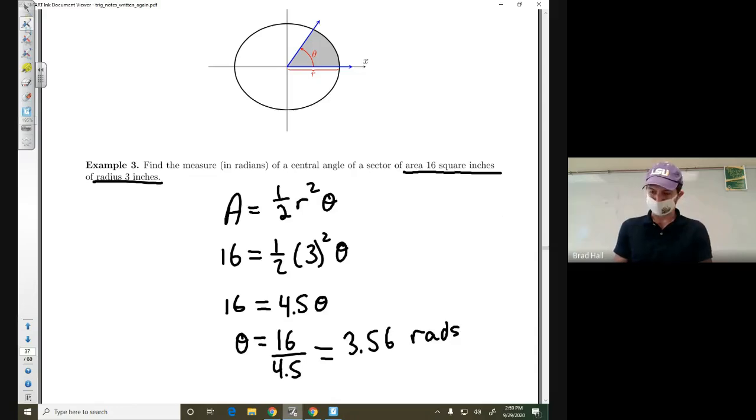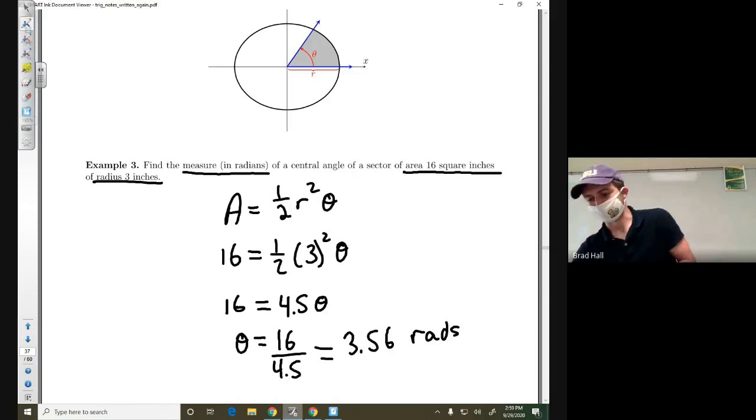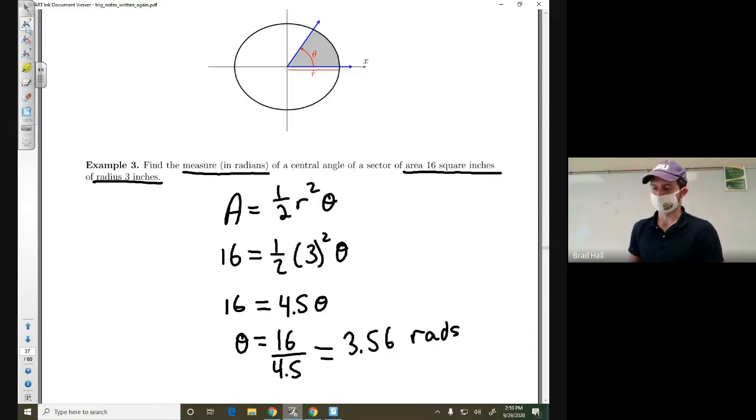So how do we convert? Well, we don't have to. It's very tricky, to compensate for the fact that this is not a very exciting problem, but hopefully it'll keep you on your toes as you do the homework problems.